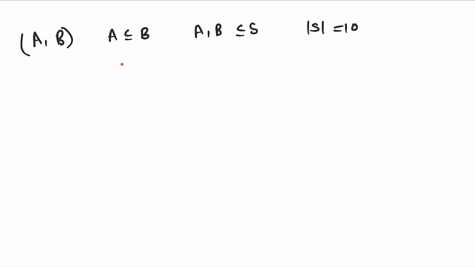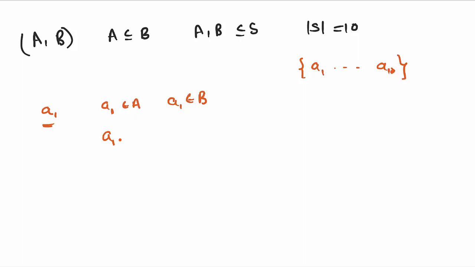Now just observe that if there are 10 elements in S, A1 to A10, how many choices do I have for every element? Suppose I pick A1. If A1 belongs to A, then obviously A1 has to belong to B, right?